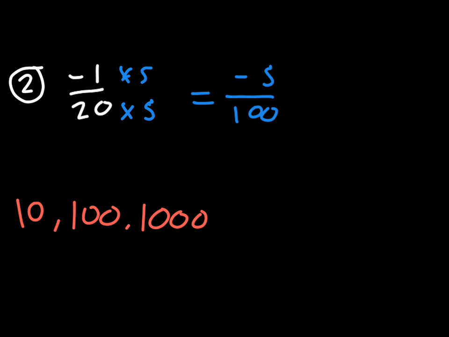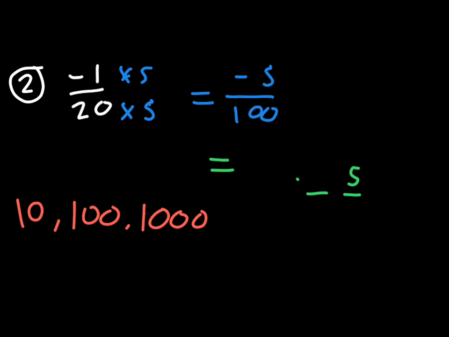Alright, now since 100 has got 2 zeros, we know that we are going to have a final answer with 2 decimal places. When we are writing in this answer, we start writing from the right hand side. So we're going to have a 5 there.